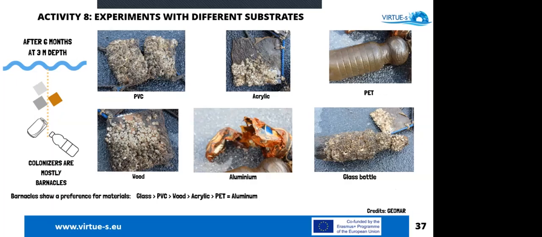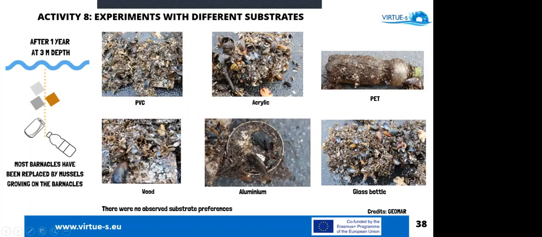Actually, they preferred to colonize the glass bottle, which was the most colonized, and also the PVC item, rather than plastic or aluminum.